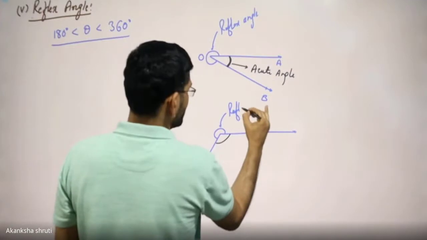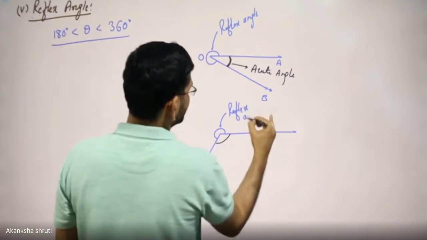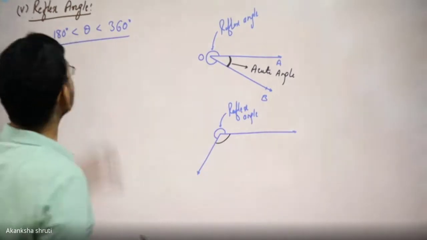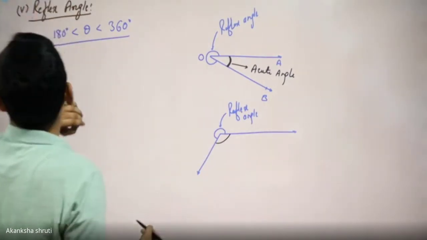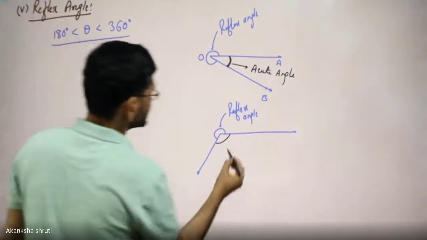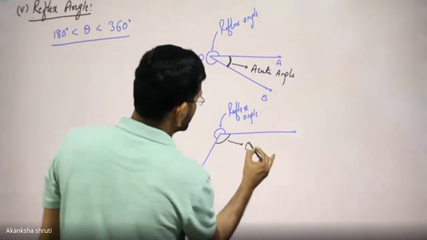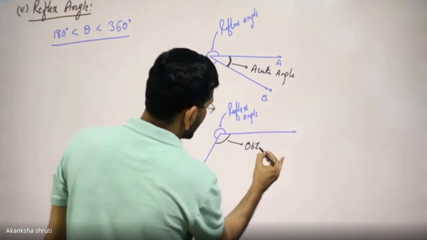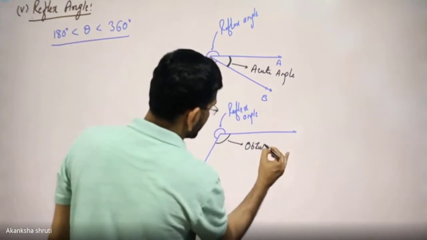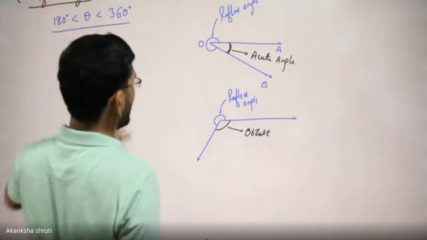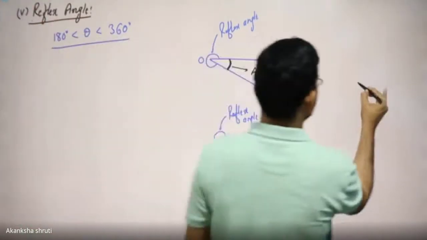So just keep in mind what is called a reflex. Reflex is always associated with one of the angles. That angle may be acute or obtuse or right angle. Students, it may be possible that this angle is the right angle.